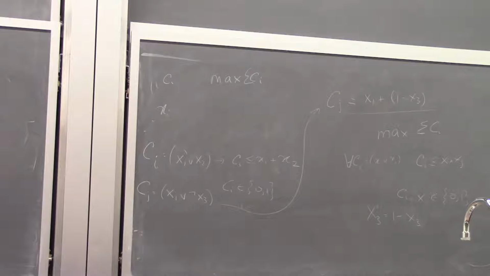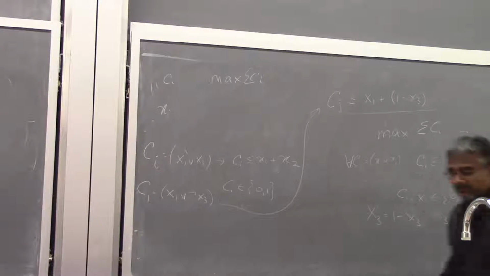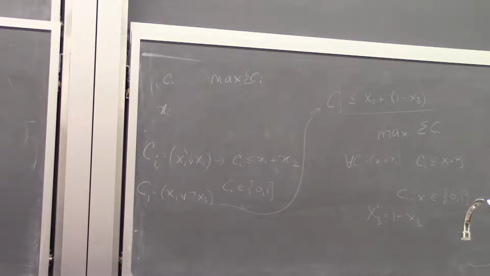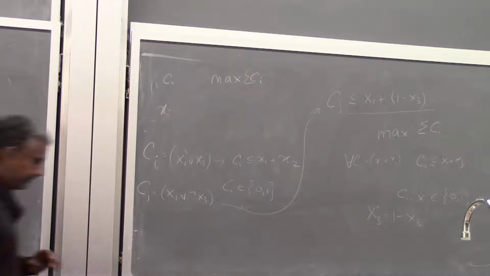You have to be careful in your rounding, because if these are all fractional, you want to make sure that when you round them, you don't make this inequality unsatisfied. You don't make this infeasible. But you can do that. That's another way you can think about solving this problem. Okay? All right. So that's just a bit of practice in how to take a problem and convert it to an IP. Let's do a little bit more practice.